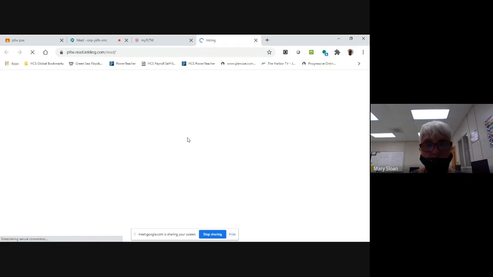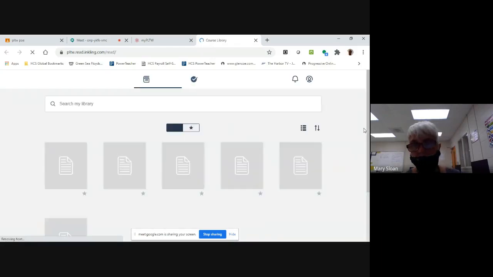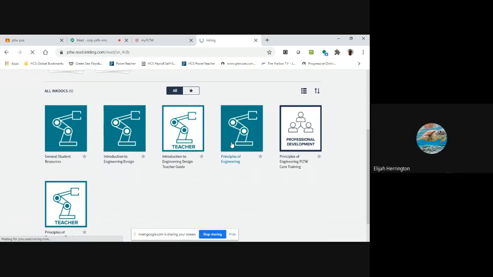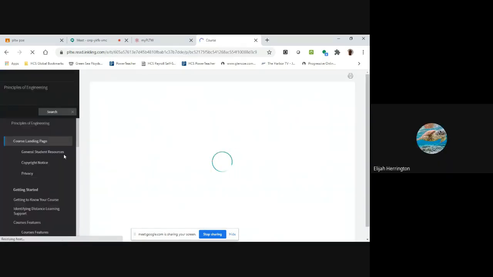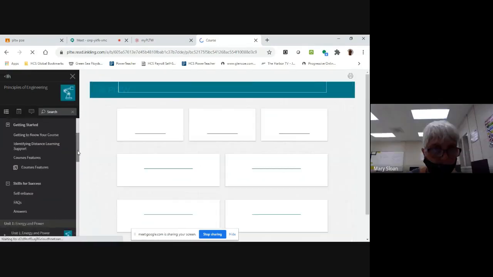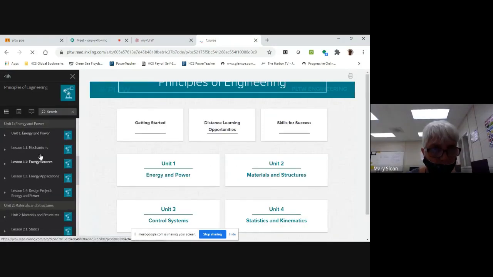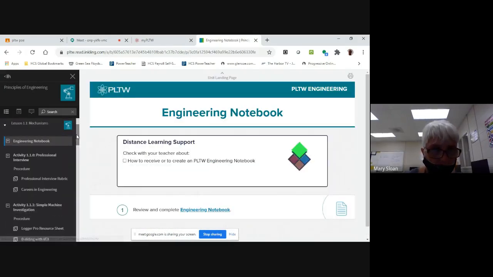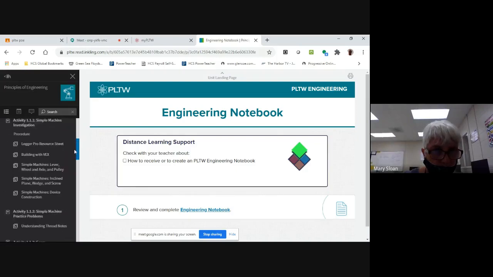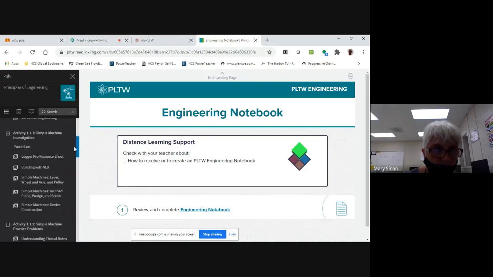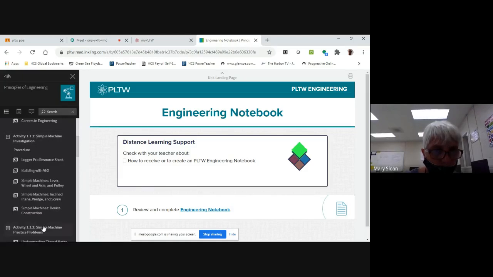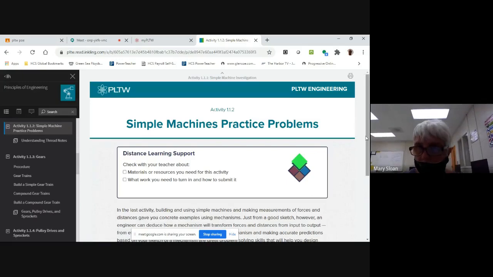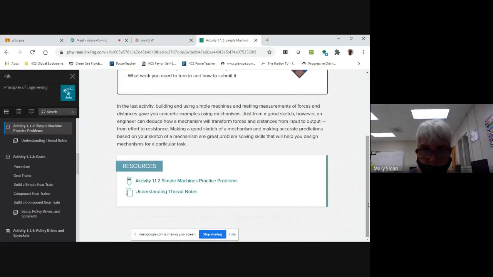So what you're gonna do is, I gotta get on yours first, so give me a second. Go on your Project Lead the Way, you're gonna go into 1.1 mechanisms. And you're gonna go down to, oh, that's right.